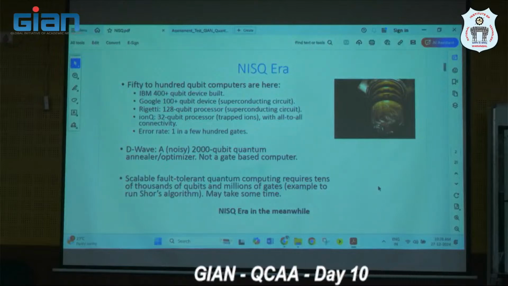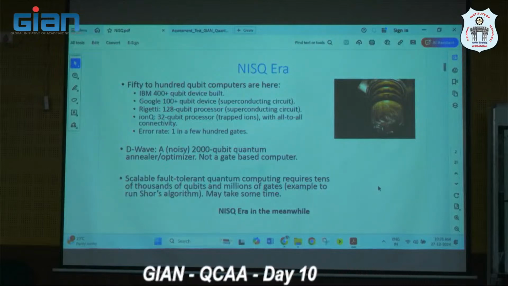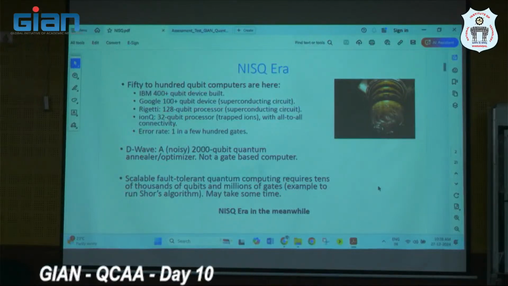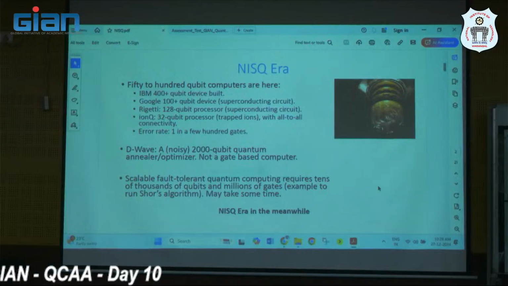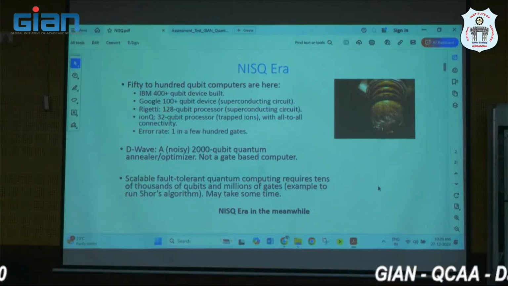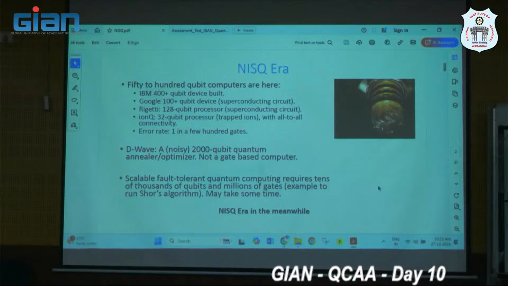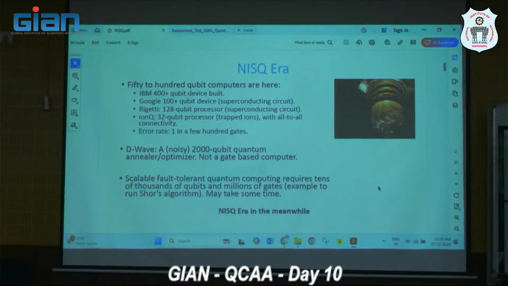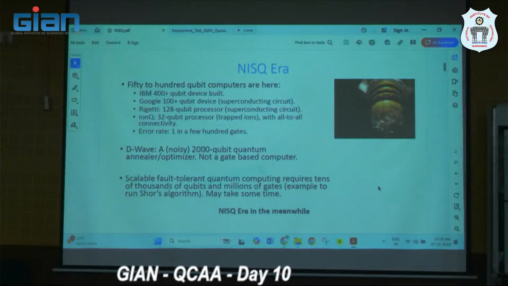They are all trying to build quantum computers, correct? Different companies are making different claims, but the bottom line is that now we have a few hundred qubits. In fact, with IBM Qiskit we saw that they were providing a few hundred qubits for free. So we do have quantum computers with a few hundred qubits and reasonably low noise levels.